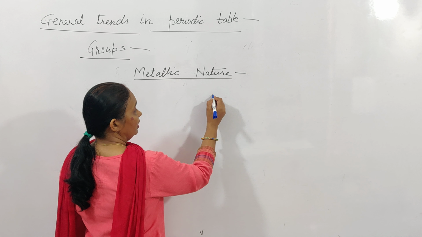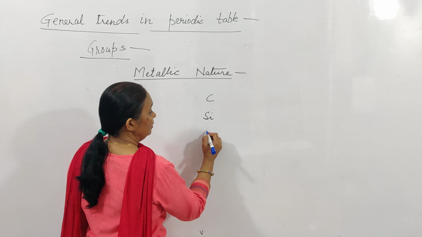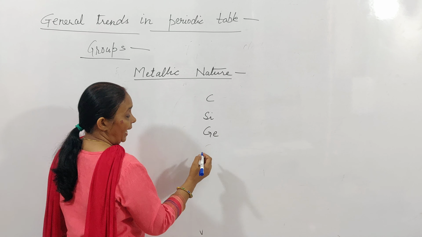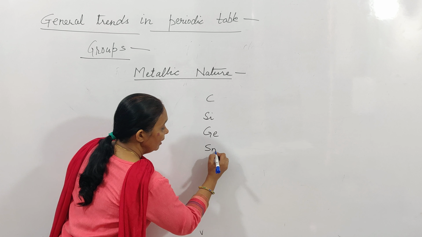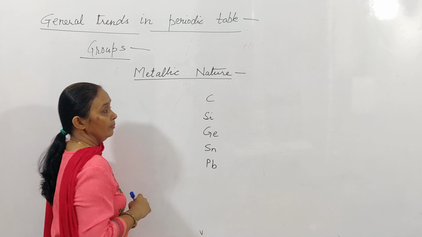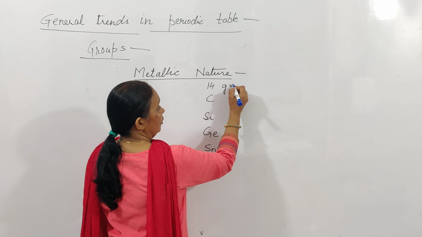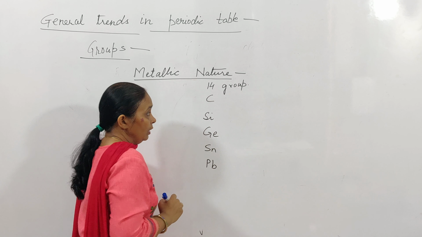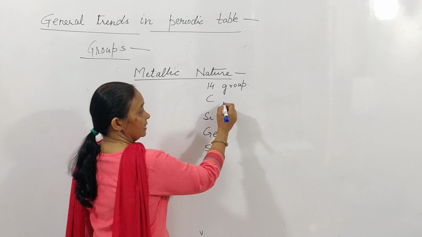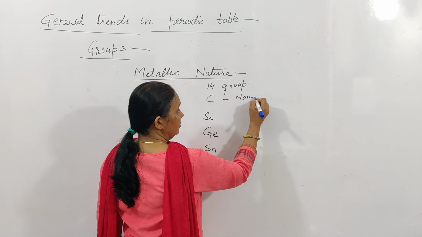In the 14th group we have carbon, silicon, germanium, tin and lead. These are the elements in the 14th group of the periodic table. If you start from carbon, carbon is a non-metal.